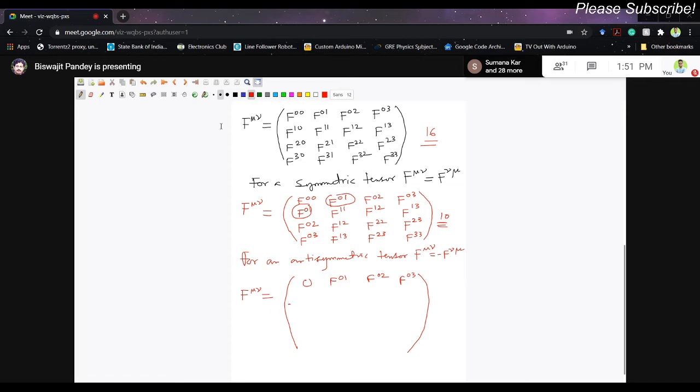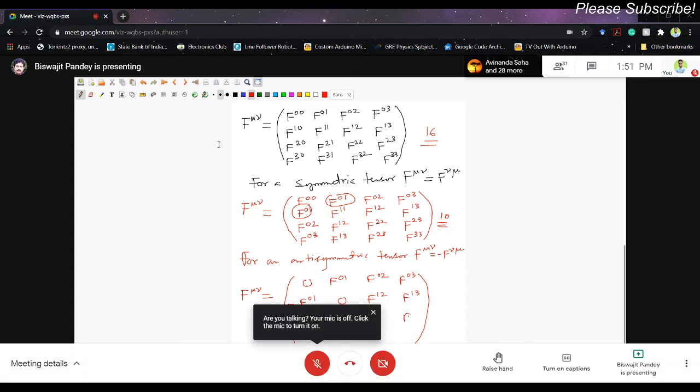Then you have minus f01, 0, f12, and f13. This will be minus f02, equal and opposite, minus f12. Again the same matrix with the diagonal elements 0, and f23. And then we have minus f03, minus f13, minus f23 and then 0.